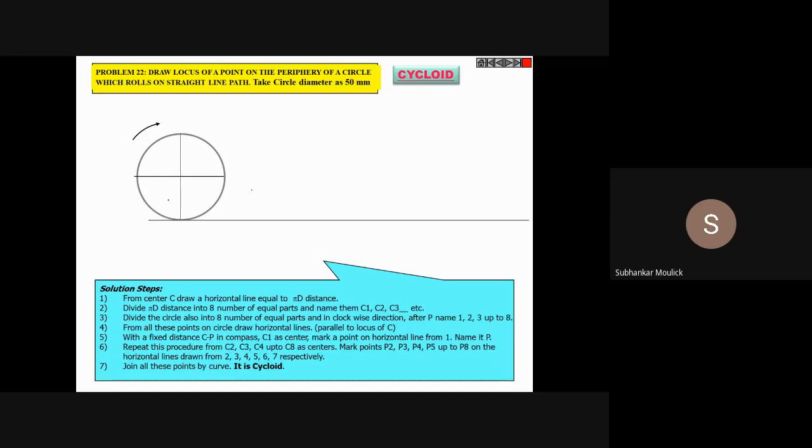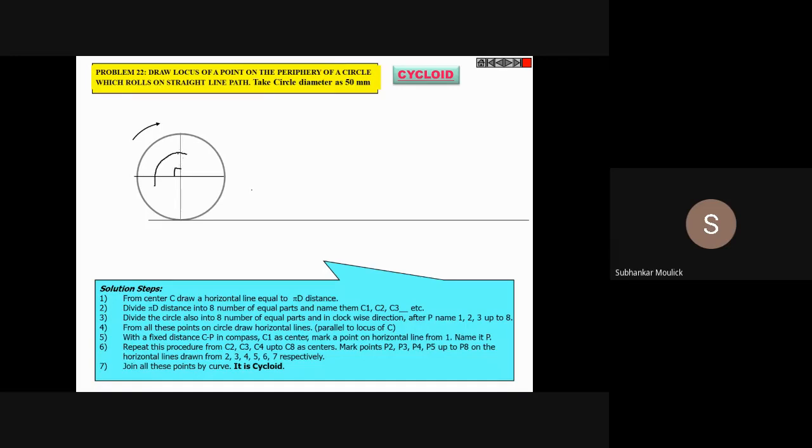How will I do it? See, if I talk about this particular quarter circle, this angle is 90 degrees. Take your compass, with its length more than half, and cut an arc like this.